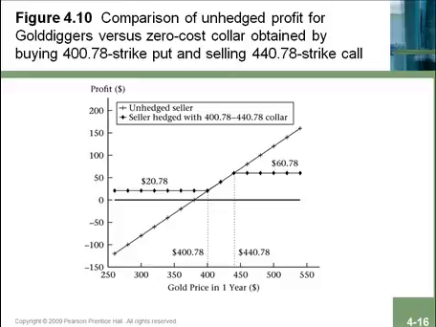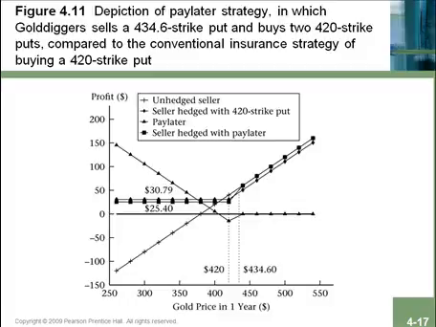But still, it's useful to look at the concept and see how you might try to at least reduce the cost of the collar. Another interesting strategy that you might try in some cases is a pay later strategy. And effectively what you have here is a type of insurance that is built so that you only pay for it if you end up needing it. This is a slightly more complex position created by selling a put at the 434.6 strike price and buying two puts at the 420 strike price.